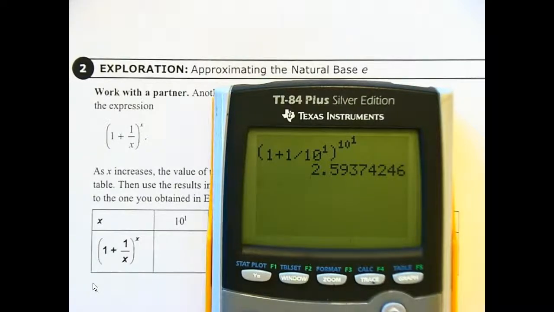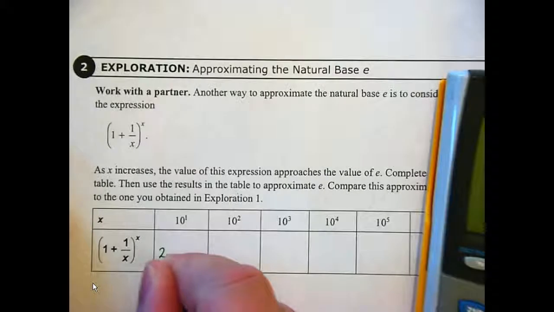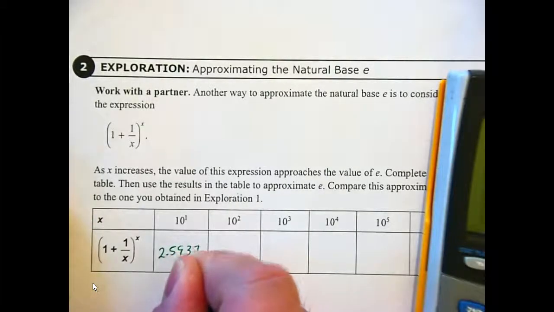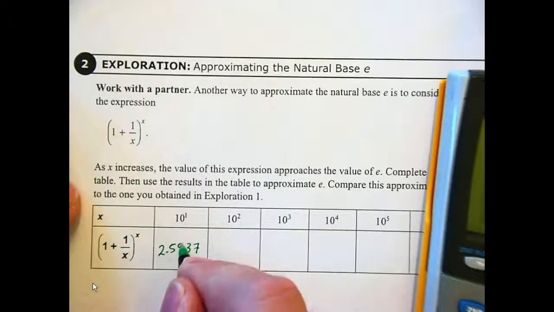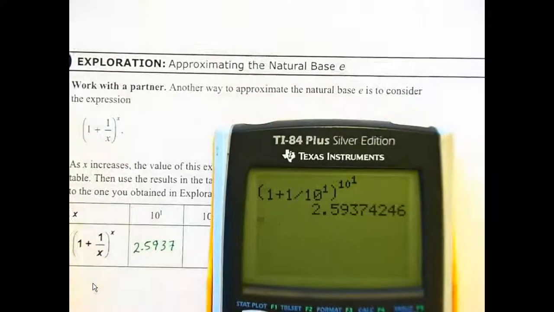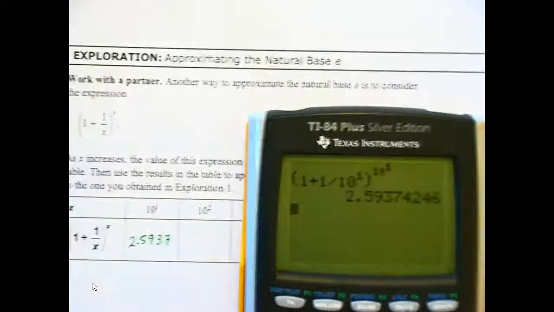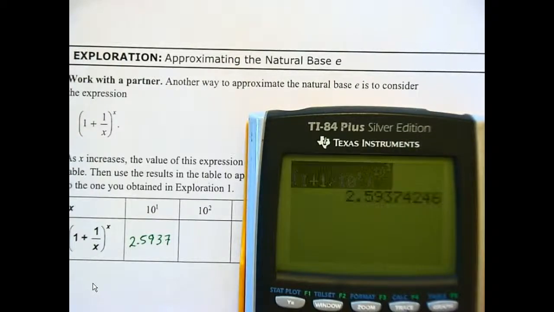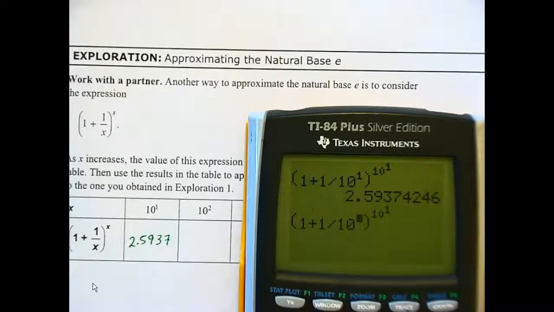And you get 2.5937. And then, remember, you can just go back up to that line and hit enter, and then go in and edit it. So now we just change it to second.